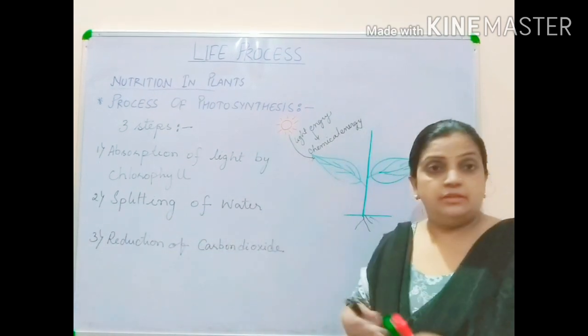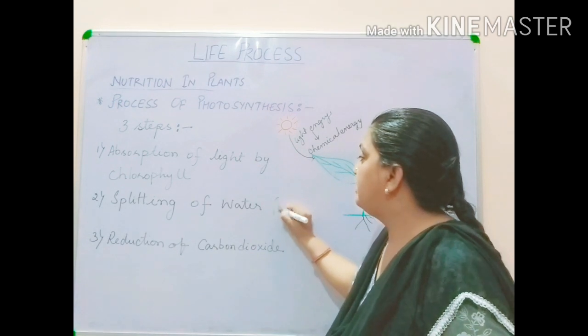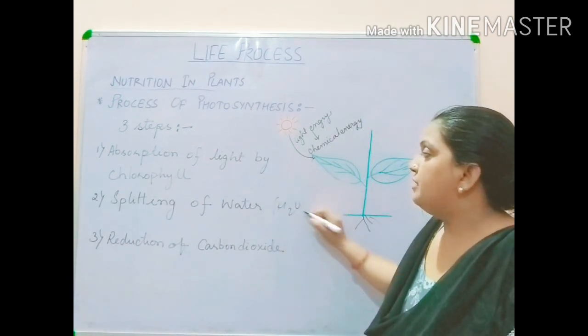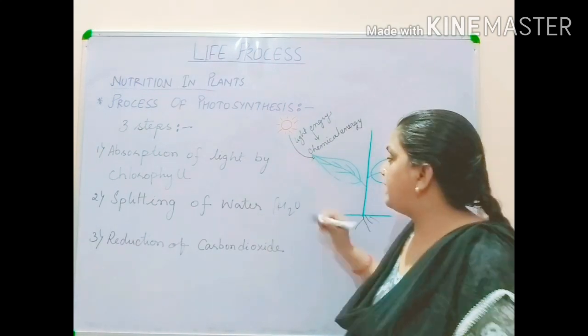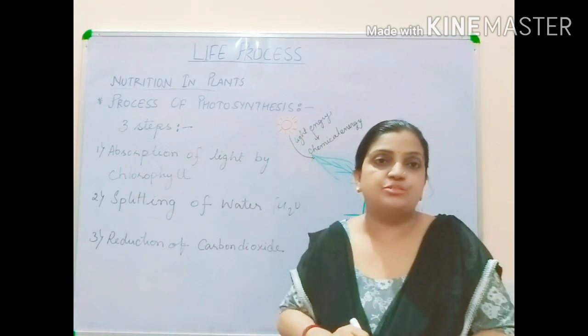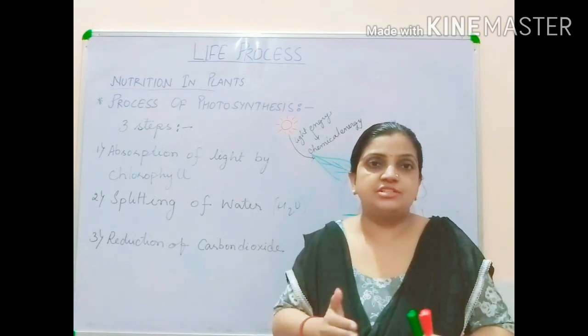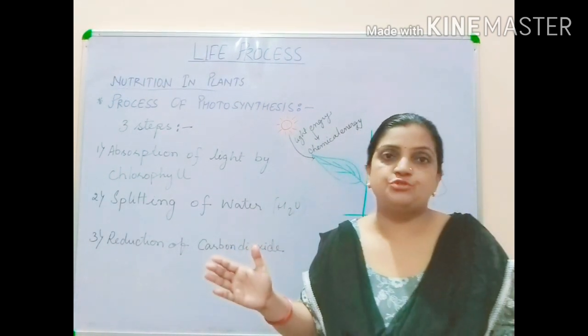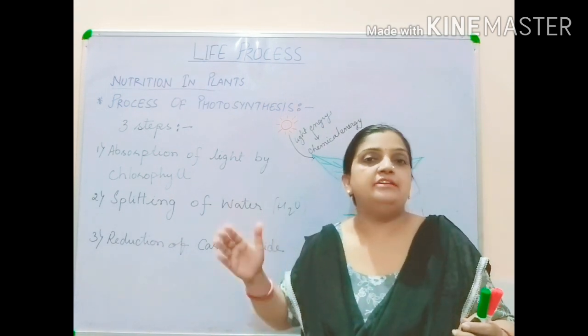Splitting of water. Water is H2O. So from here, the water gets dissociated, water gets broken down, and oxygen gets separated from the water. The water breaks down into oxygen and OH ion.